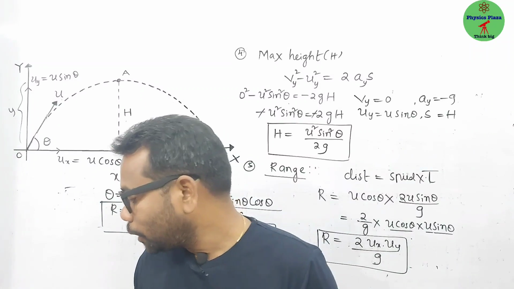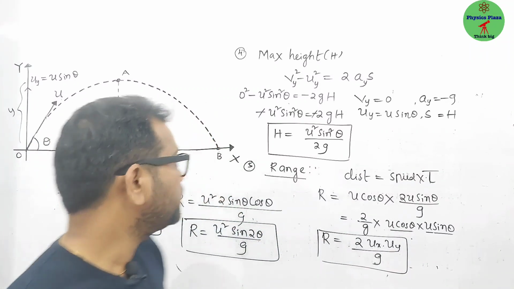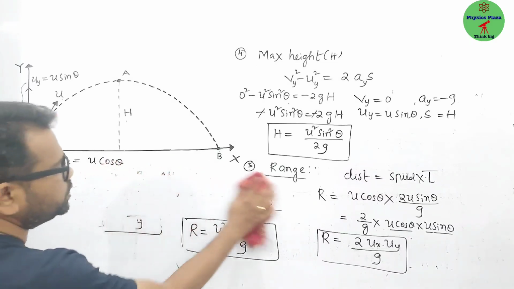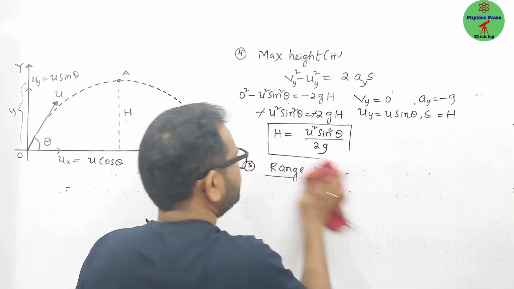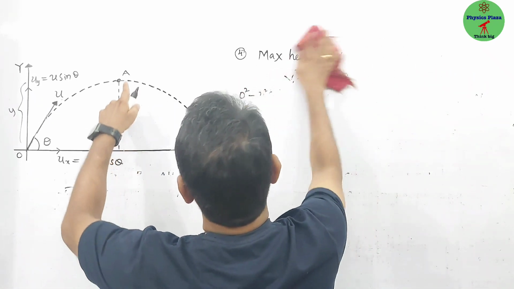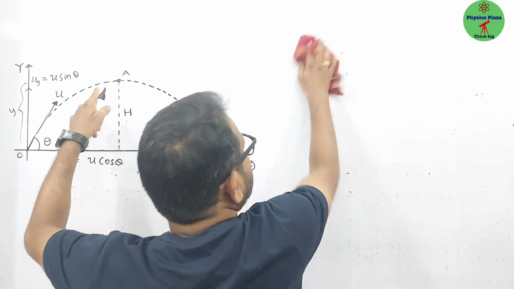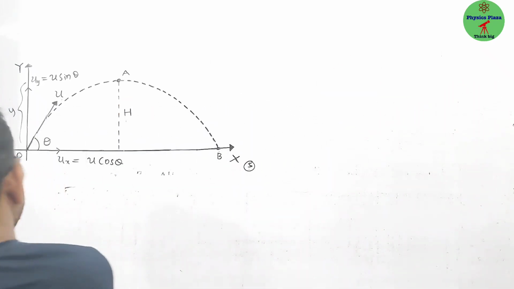Okay, fine. And the last parameter is instantaneous velocity. What is the instantaneous velocity, children? It is the velocity of the projectile at any instant. Initially it has two components. At maximum height, the vertical component will be 0, but the horizontal component will be the same.